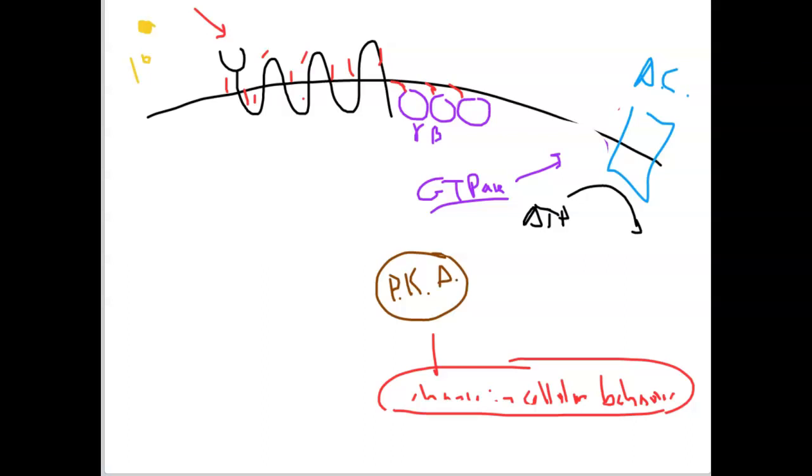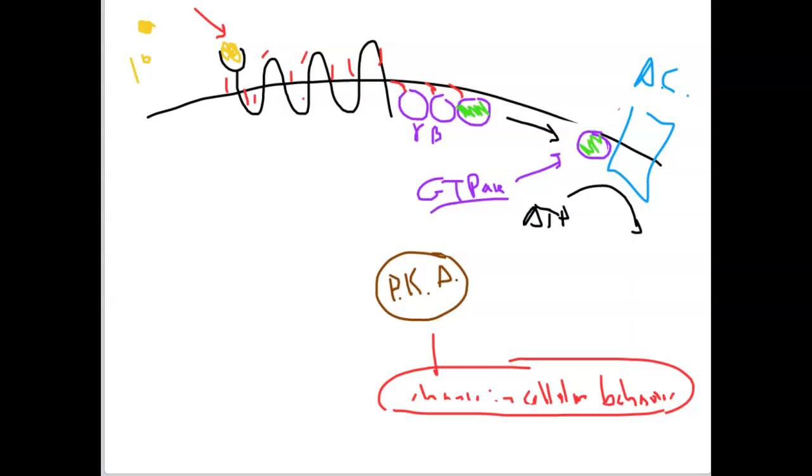But if there is still glucose in the blood, if the tiger is still looking at you, if there's still fresh baked bread around, then as soon as this alpha subunit goes back to the G protein, it's going to get hit with that conformational change again. It's going to let go of the GDP that it just made. It's going to pick up a new GTP, and then it's going to head right back to adenylate cyclase.